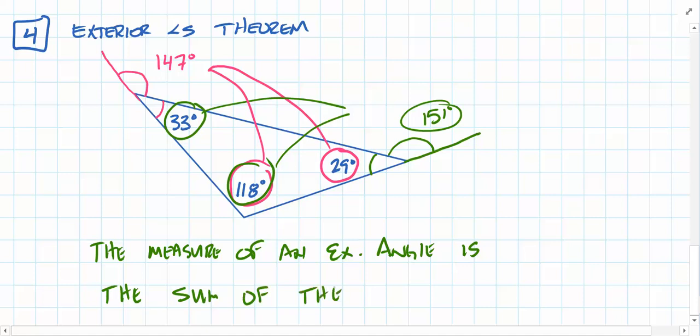How do we describe those? The two opposite interior angles. That's how we do that. Opposite interior angles. Okay? So if I was going to extend this one here, this angle, this is the exterior, these are the two opposites, right?